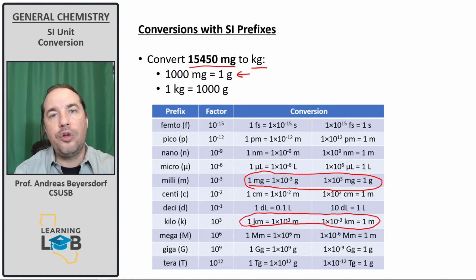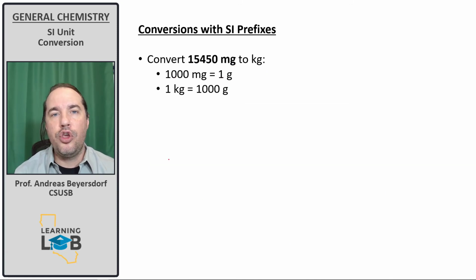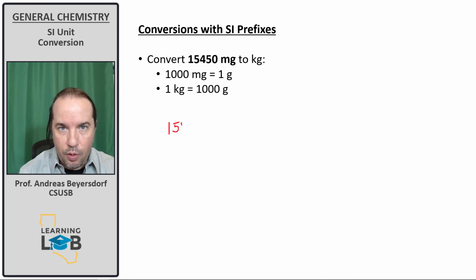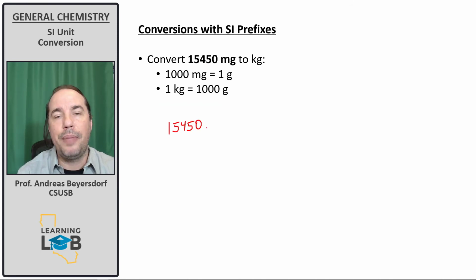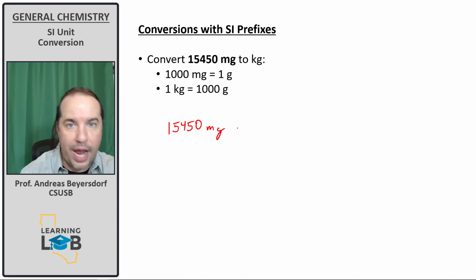By the way, I usually use the ones where it's times 10 to the third or times a larger number instead of the one where it's less. Either way will work. All right, so I have 1 gram equals 1,000 milligrams and 1 kilogram equals 1,000 grams. Now, I can use both of these in order to do my conversion from milligrams to kilograms.